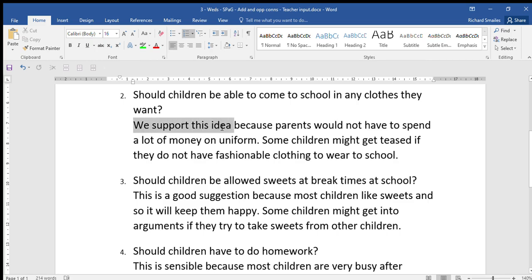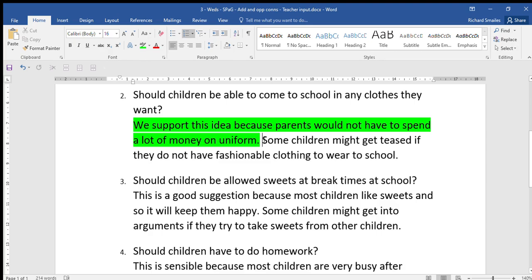So once again, we can tell straight away that the first sentence is saying basically yes. We support this idea because parents would not have to spend a lot of money on school uniform, and school uniform can be very expensive. Because that's agreeing with the question, we will give it a green.